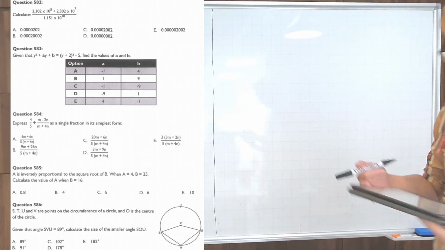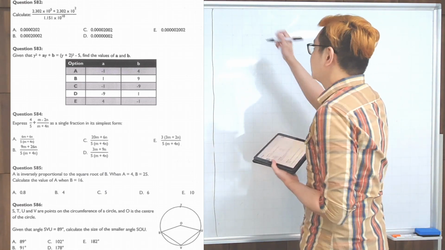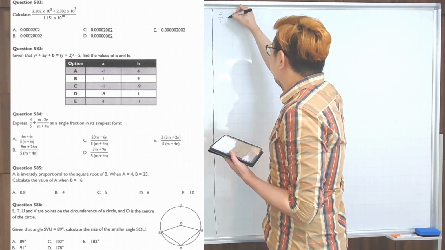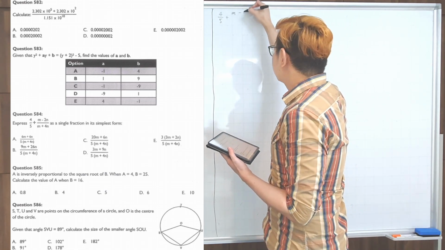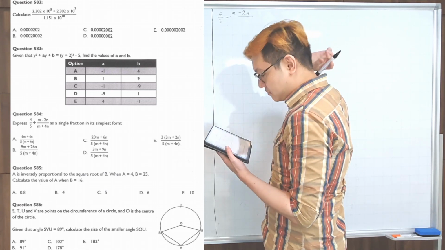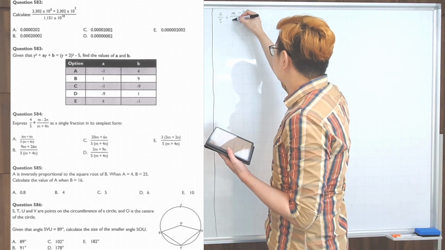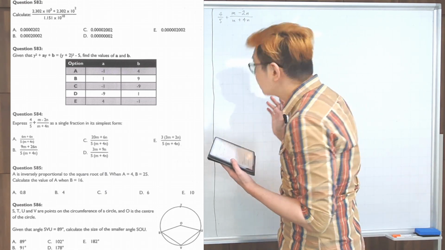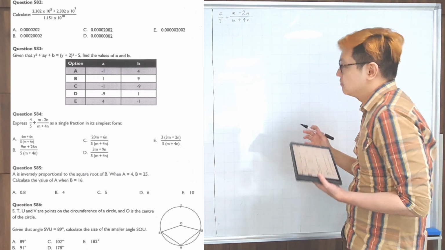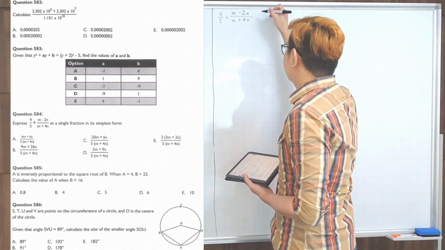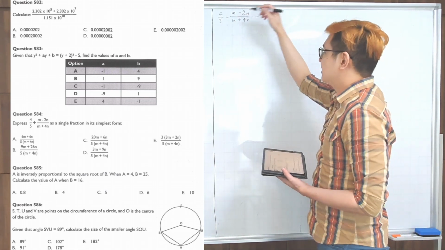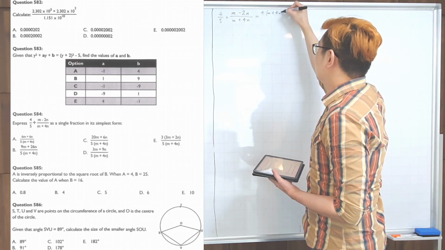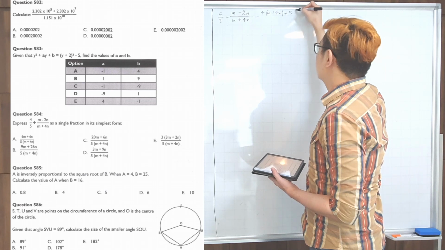Now you have to express this one as single fraction in simple form. 4 out of 5 plus m minus 2n, m plus 4n. Okay, now just have to multiply them into each other. So 5m plus 4n.